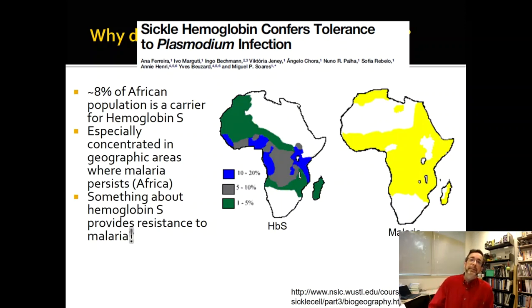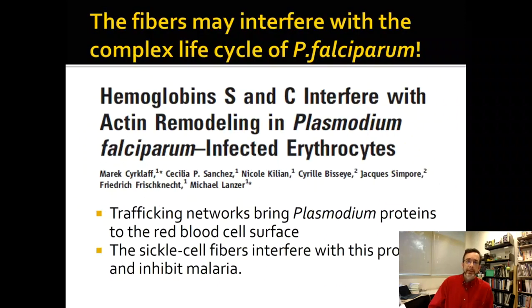Sickle hemoglobin specifically confers tolerance to malaria infection, Plasmodium. In fact, they found that specifically hemoglobins S and C interfere with actin remodeling in the red blood cells. So they were seeing that it messes with the red blood cells specifically by messing with actin remodeling, which has to do with how the cells move and shift around.